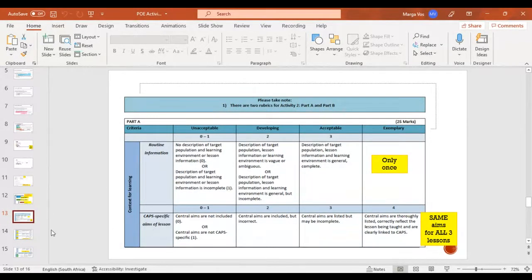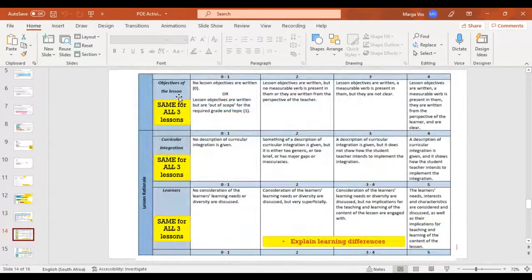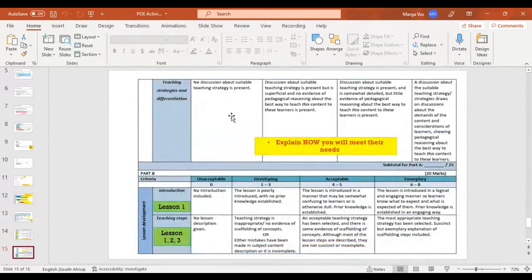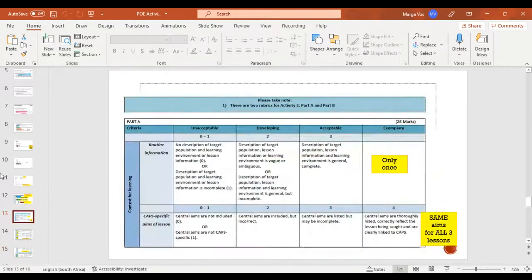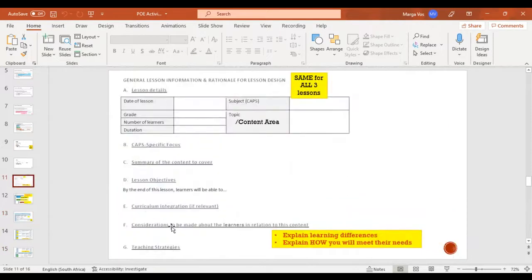The CAP-specific aims, the objectives, the integration, the consideration of the learners, and the teaching strategies. That is only done once. All right, so that stays like it was always done, like you always did it. Sorry, this part of your lesson plan.